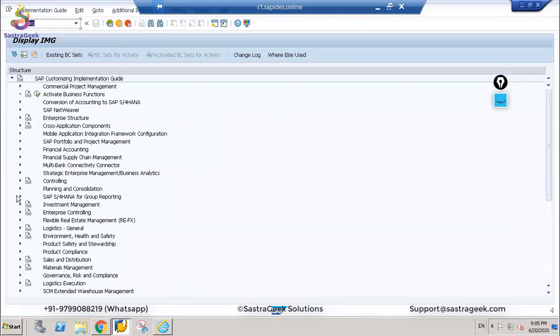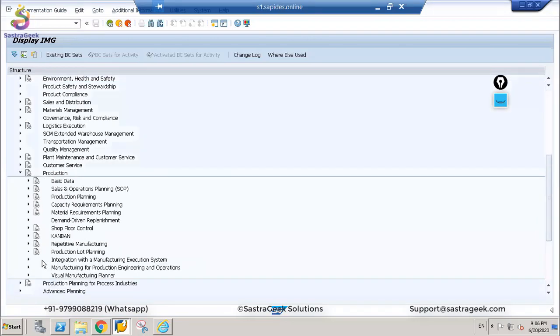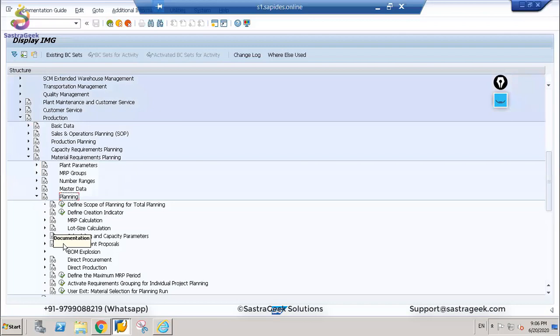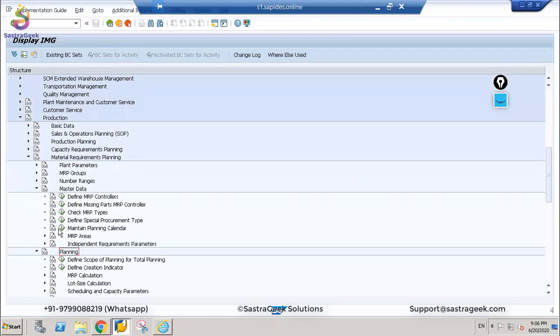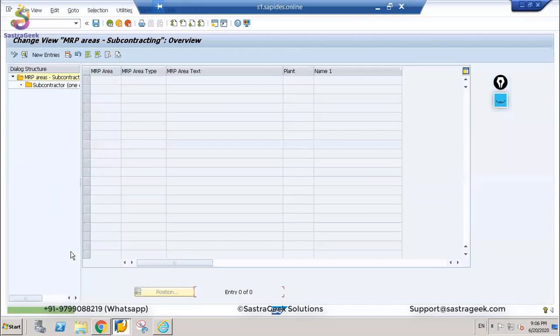I am going to production planning, and then material requirement planning, then master data, MRP area, define MRP area for the subcontractor.